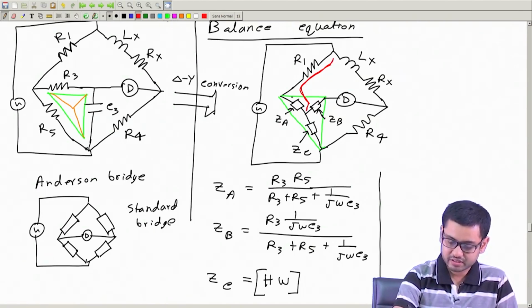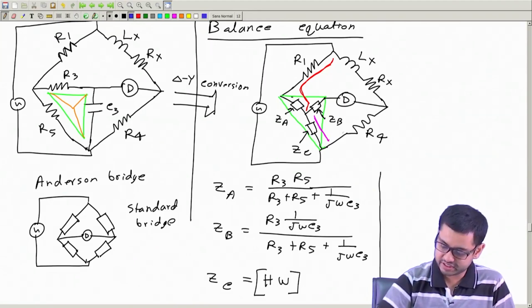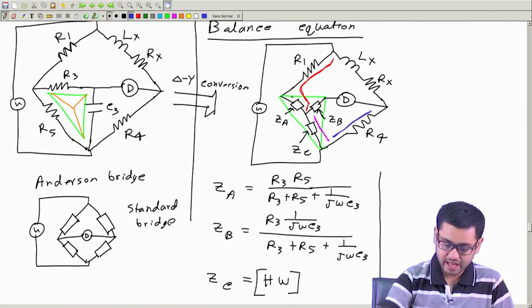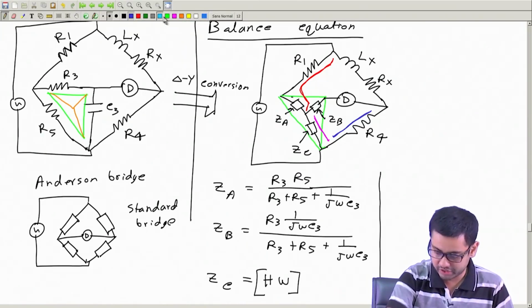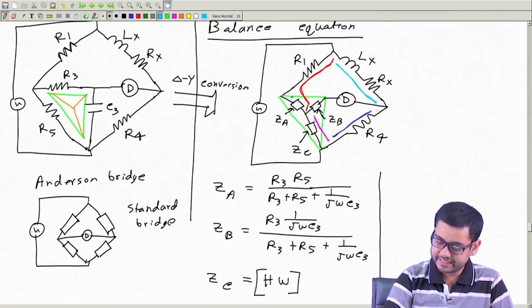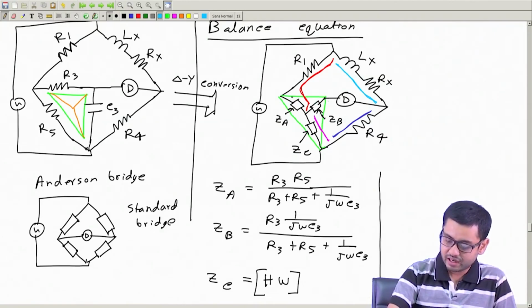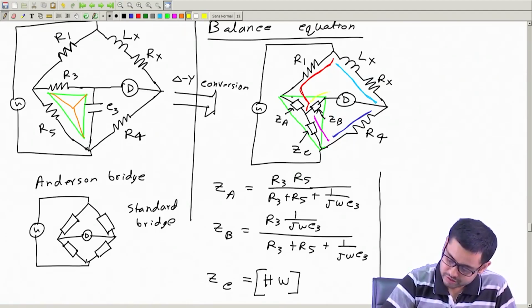Then this is another arm, then this is the third arm, and then, running out of colors, this is the fourth arm. The detector is between these; you can think of ZB as an integral part of the detector, or the internal resistance of the detector.